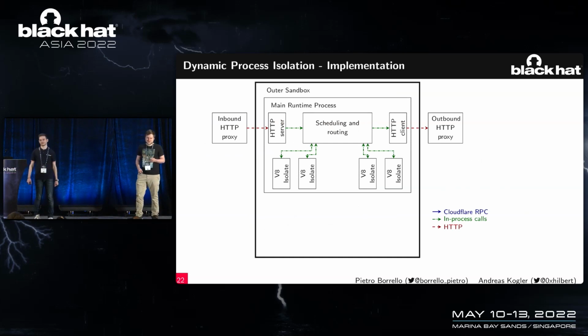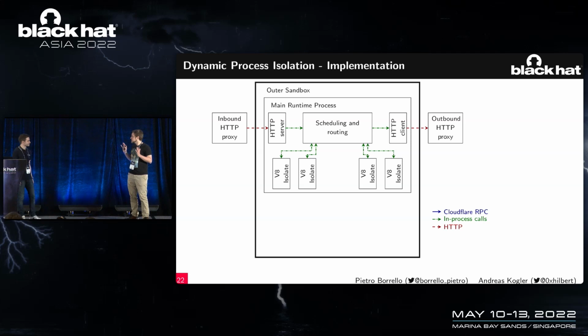I accept that. So overall, how is this implemented in the Cloudflare ecosystem? We can see in this picture a short systematic overview of the system. On the left side, we have this inbound HTTP proxy, which accepts HTTP requests. We have then some scheduling and routing, and these V8 isolates, as they are called, are the workers running in one process.